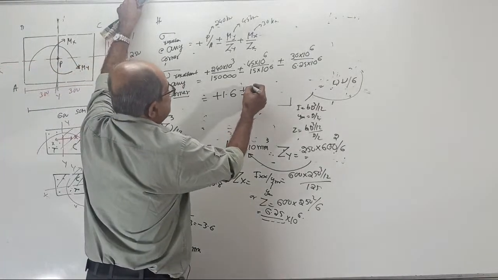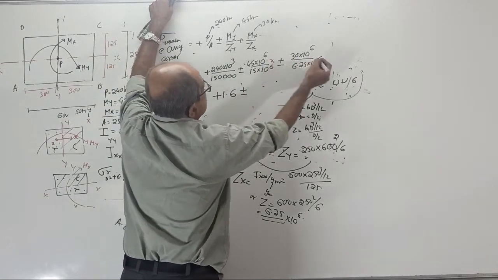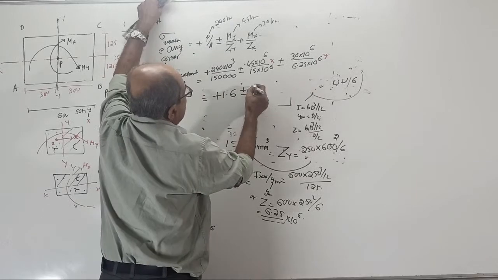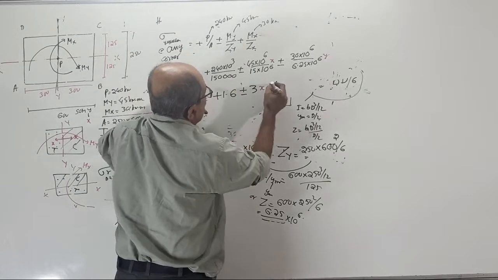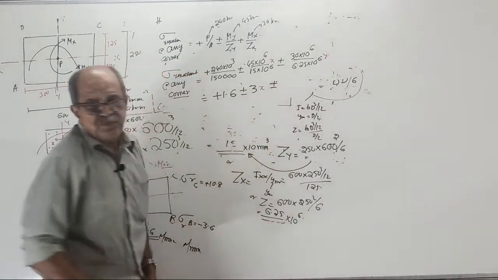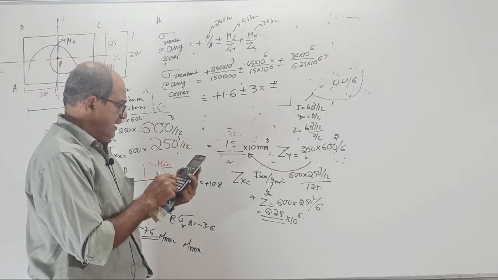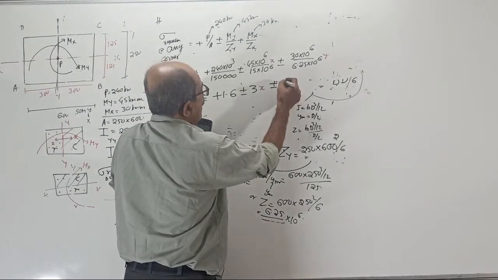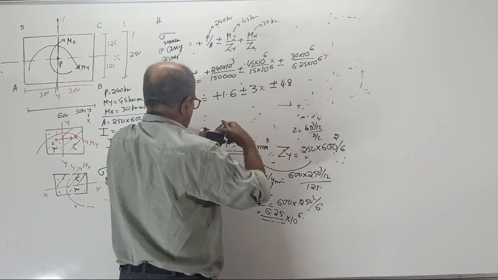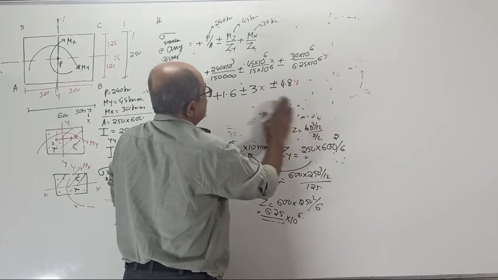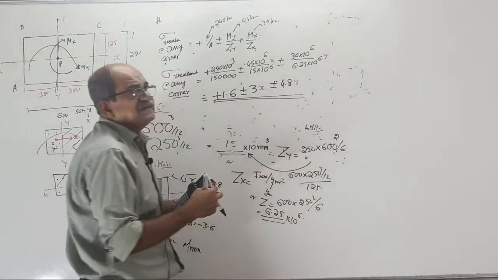Therefore, it is 3 into, I forgot here, this much into X, this much into Y. So, it is 3 times X plus or minus 30 by 6.25. 30 divided by 6.25 is 4.8 times Y. But remember, this principle you should use only for extreme fiber.